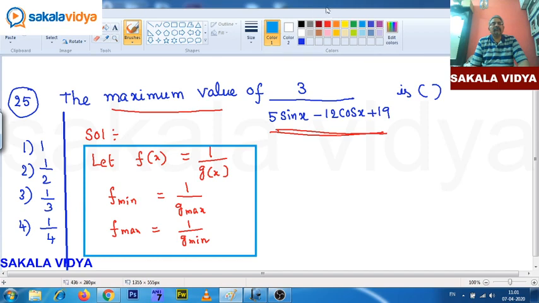And one more thing we need to remember. This is in the form of a sin x plus b cos x plus c. Say for example this is g of x.